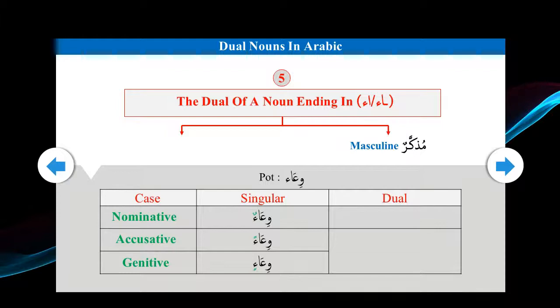As we said, when we have a singular masculine noun ending in alif mamduda, to get the dual we just append the dual suffix. So we get وعاءان in the nominative case, and وعاءين in the accusative and genitive cases.